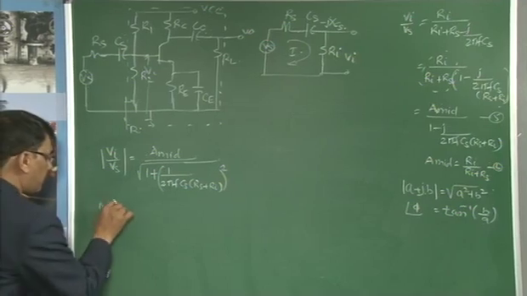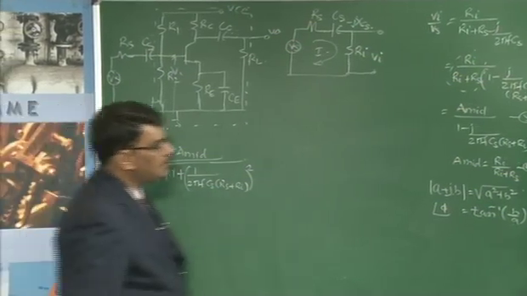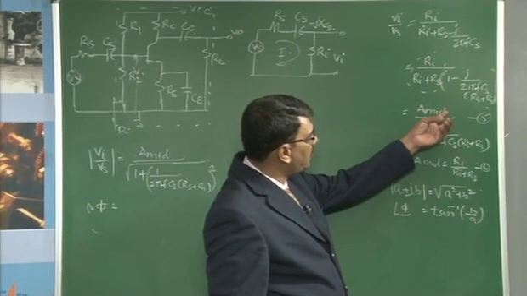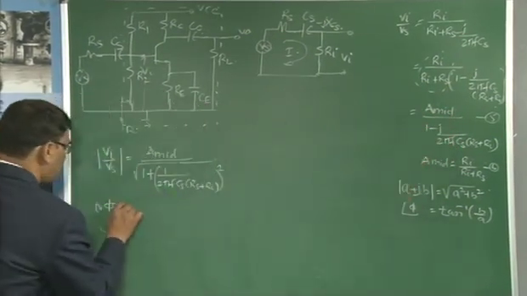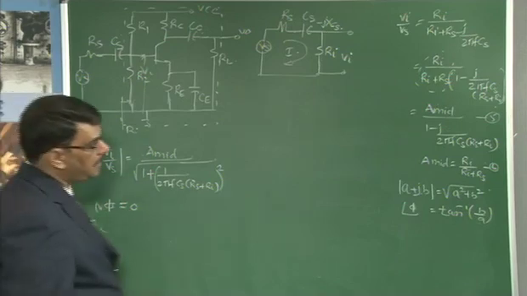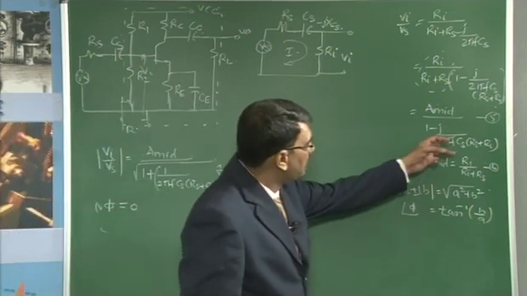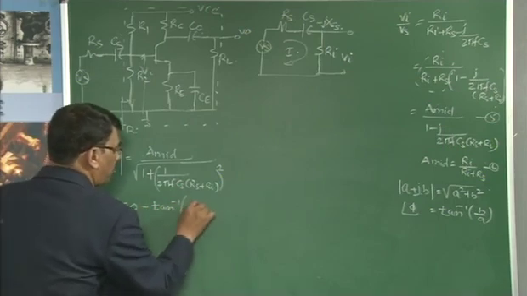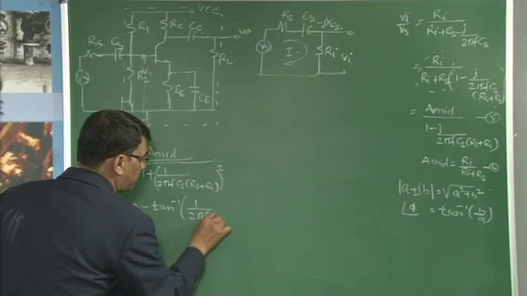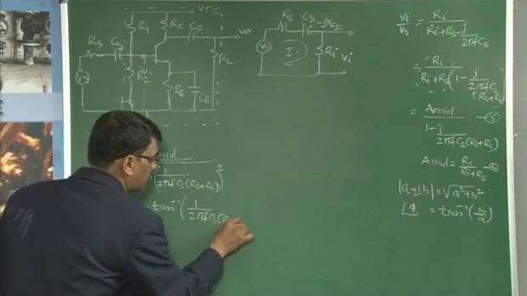and the phase is obtained by considering the phase of the numerator and the phase of the denominator. The phase of the numerator is 0 and the phase of the denominator is tan inverse of 1 divided by 2 pi f Cs into (Rs plus Ri).